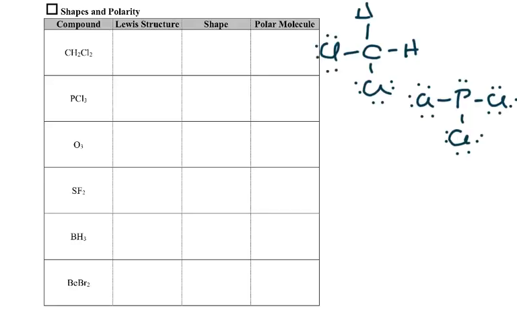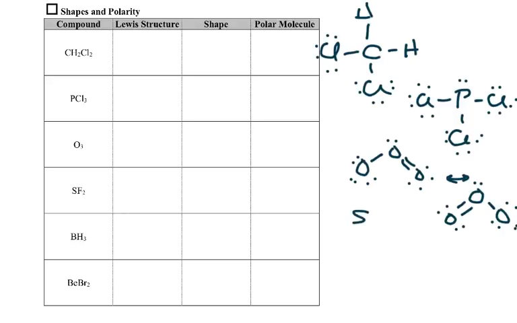O3, O looks like this. It goes a single bond, double bond, 2 lone pairs here, 3 lone pairs on this guy, and that's going to be resonance. So I'd have another oxygen with a single bond to the right, and a double bond this way.